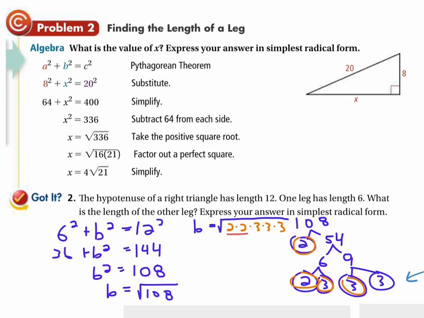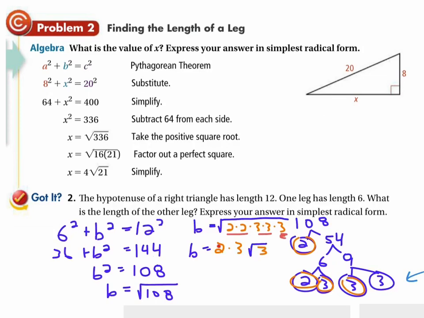So we can bring that out and say B equals, and that pair of 2's we can bring out as a single 2. What else do we find? We find a pair of 3's, so we can bring that out as a single 3. And what's left? Well, this last 3 does not have a pair, so it stays in as what it is.